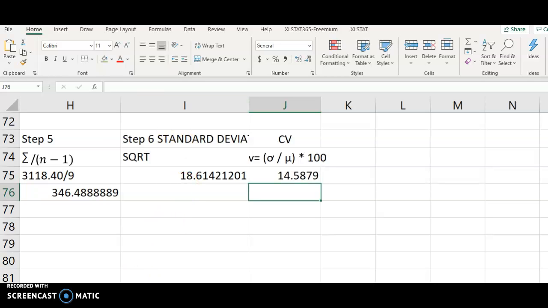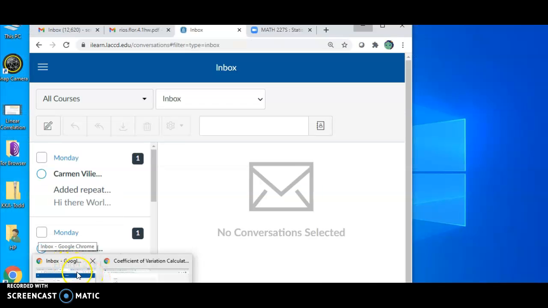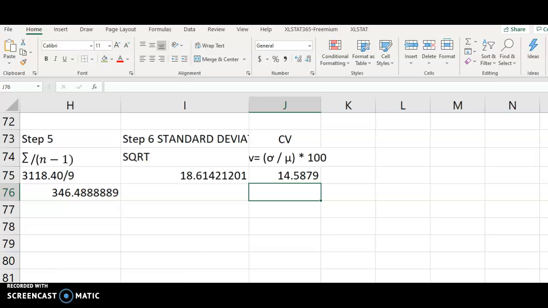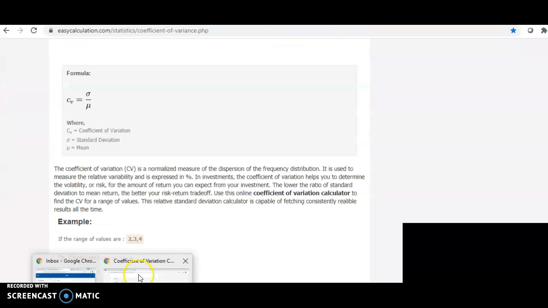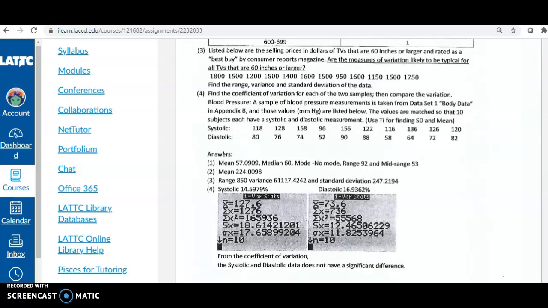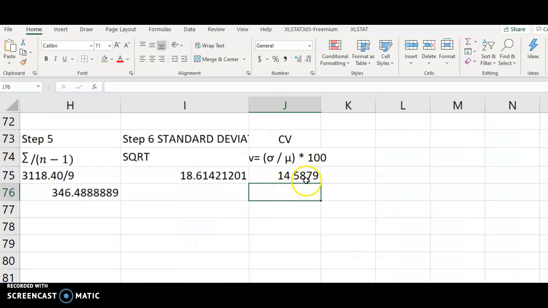And now we have a percentage, which is what we were supposed to do. 14.587. Let's reduce that.